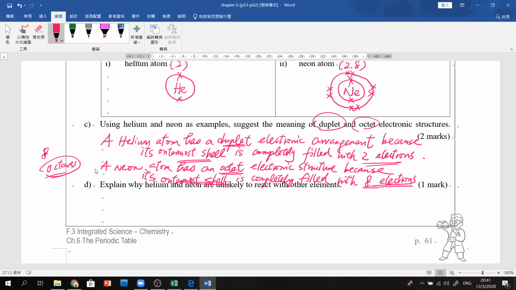So very similar. And D, explain why helium and neon are unlikely to react with other elements. As said before, extra stability has been gained.